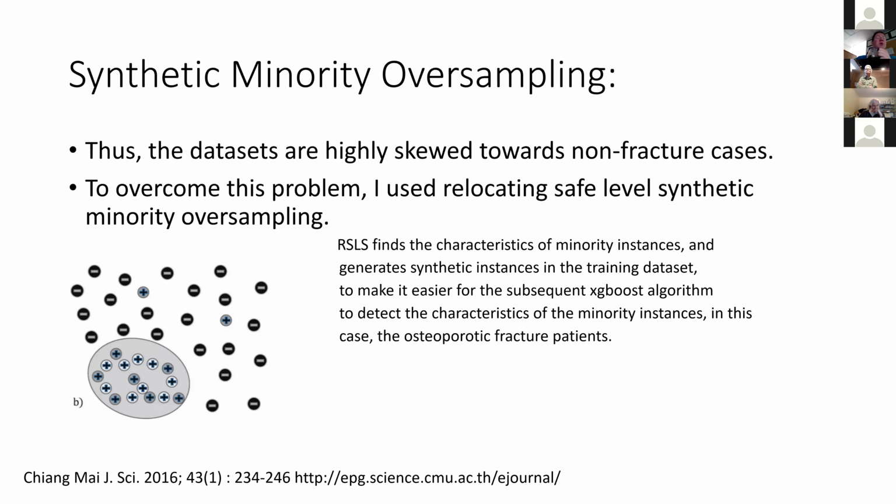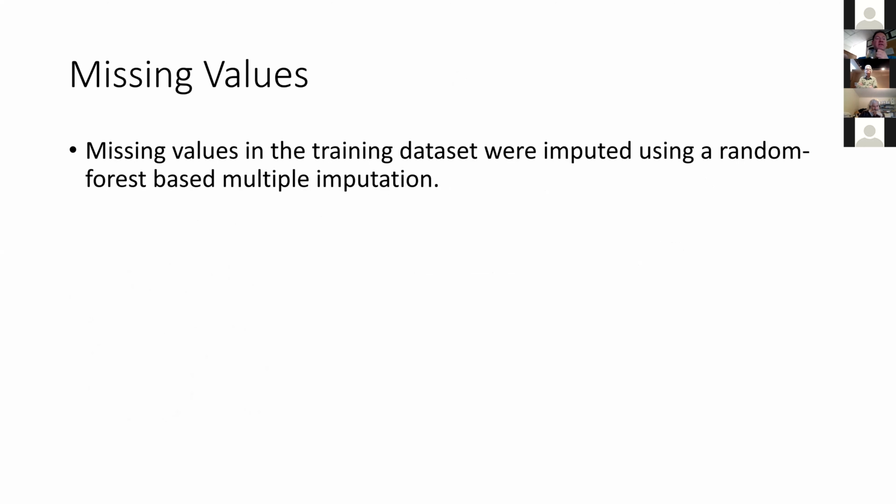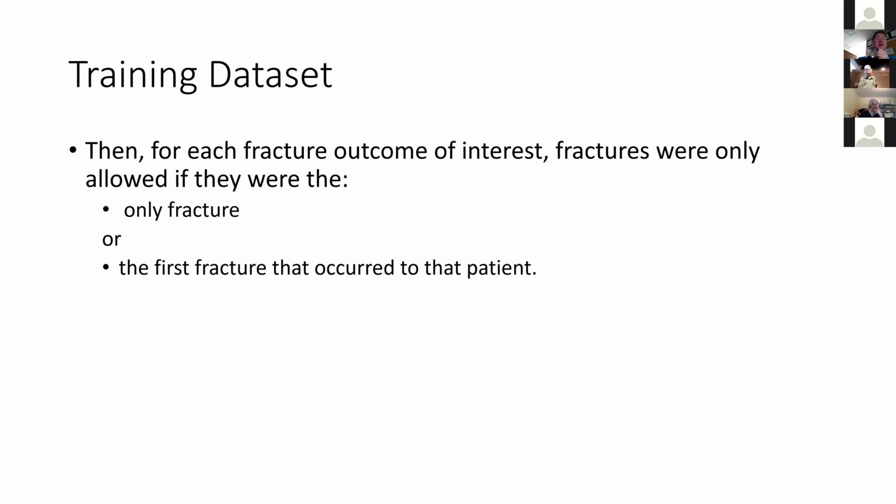I took the 2% or 3% undersampled class, and then I basically attempted to find the underlying characteristics of that class. And then I created artificial instances of that class to make the data set more balanced so that it was easier for the extreme gradient boosting algorithm to find the relevant features. As well, in the training data set only, I imputed missing values using random forest imputation.